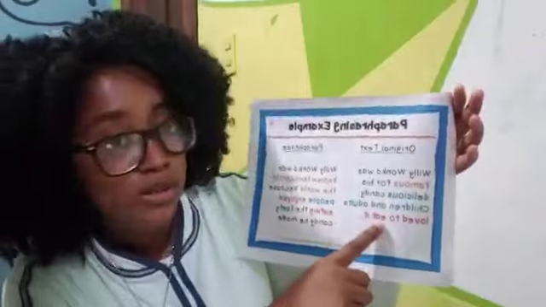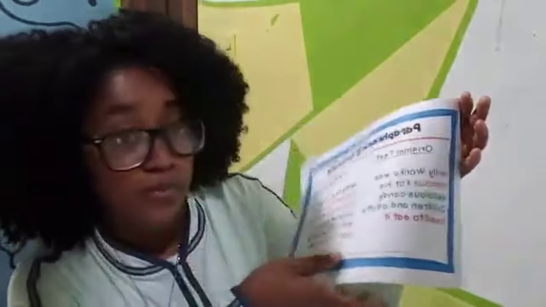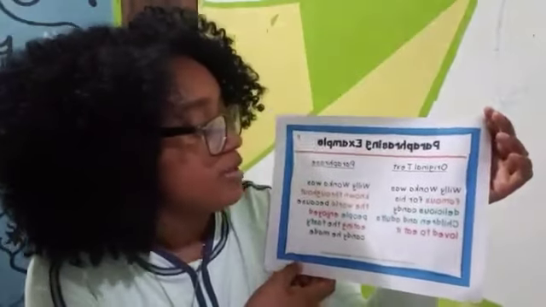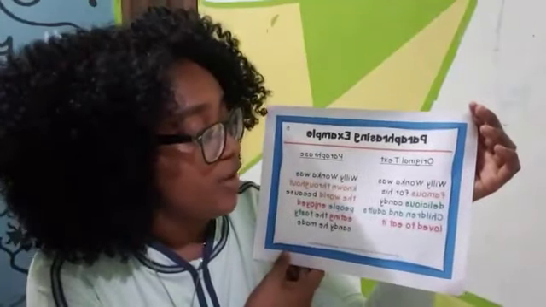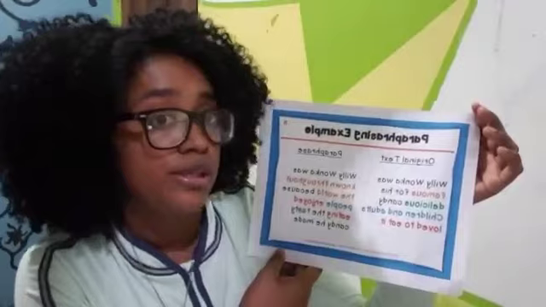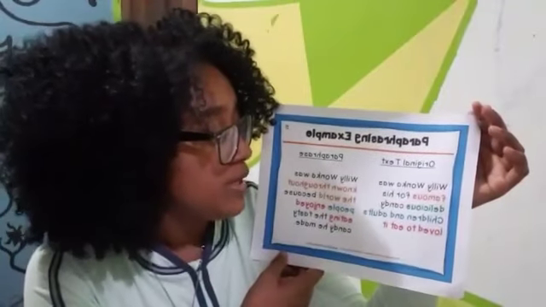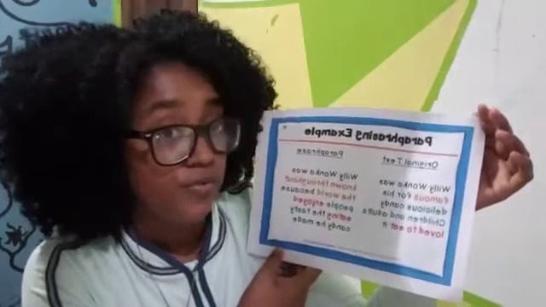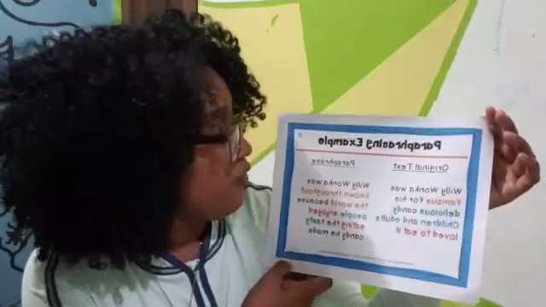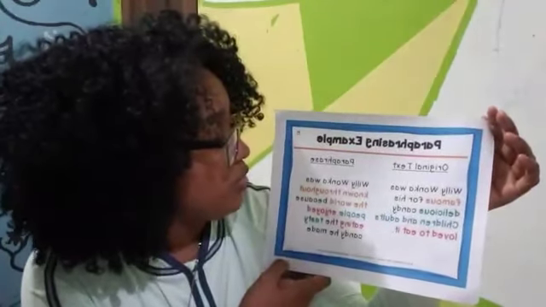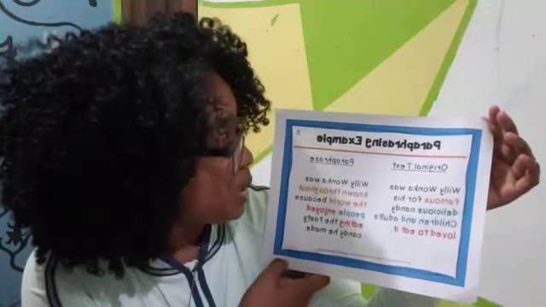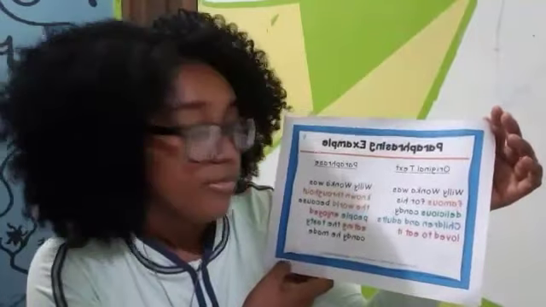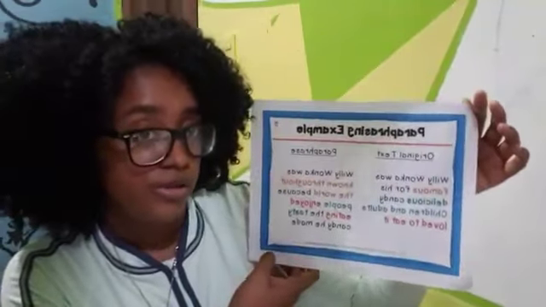This is the original text and this is the paraphrase. I'm going to read it. It says, Willy Wonka was famous for his delicious candies. Children and adults loved to eat them. And the paraphrase says, Willy Wonka was known throughout the world because people enjoy eating the tasty candy he made. And this is a paraphrase.